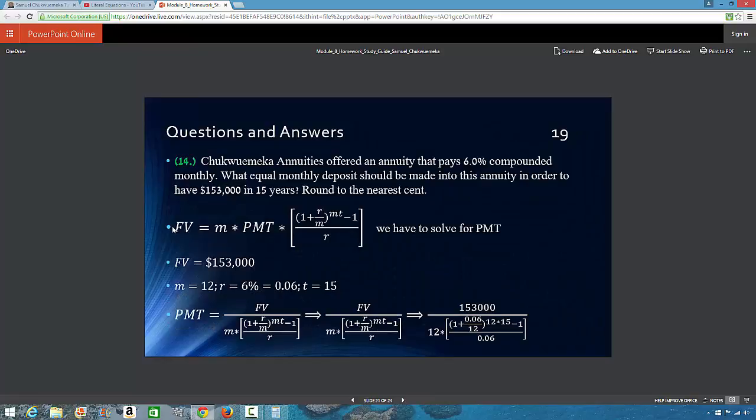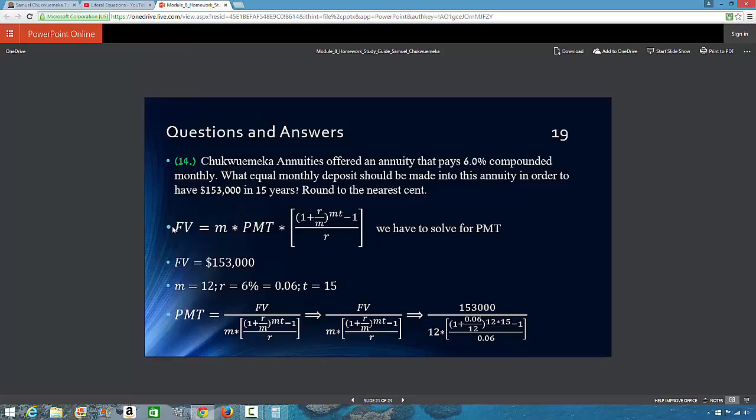Question 14. Chukwu Emeka Annuities offered an annuity that pays 6.0% compounded monthly. What equal monthly deposit should be made into this annuity in order to have $153,000 in 15 years?